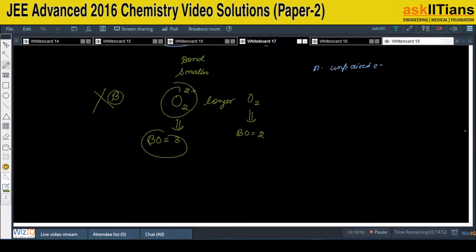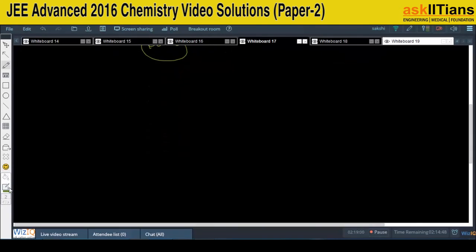Coming over to option C again. Option C says that N2+ and N2- have the same bond order. So let me write down the electronic configuration of N2+ and N2-.